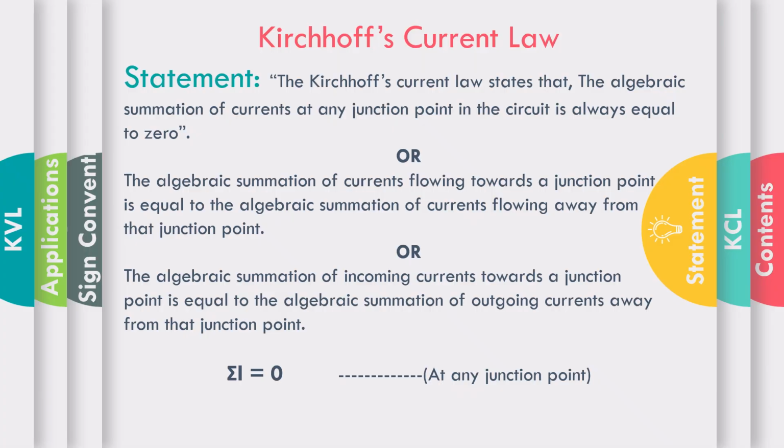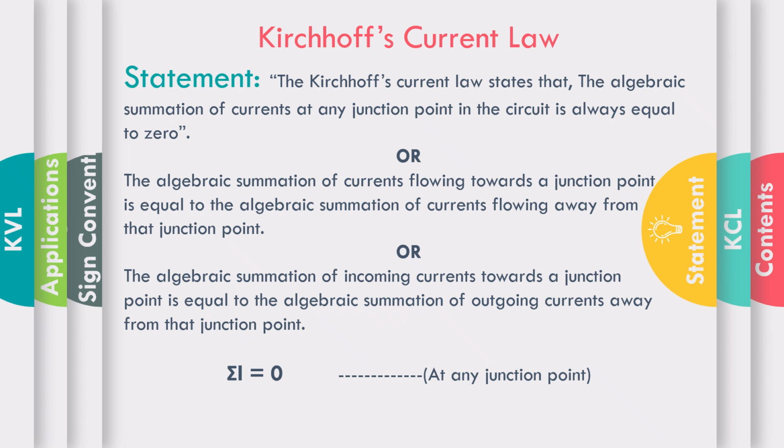That means, consider one point, point A. At that point, three currents are incoming, I1, I2 and I3, and two currents are outgoing, I4 and I5. Here the statement tells that the summation of all currents is always equal to 0. That means I1 plus I2 plus I3 plus I4 plus I5 is equal to 0.